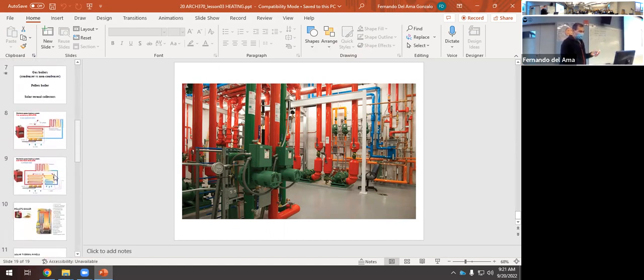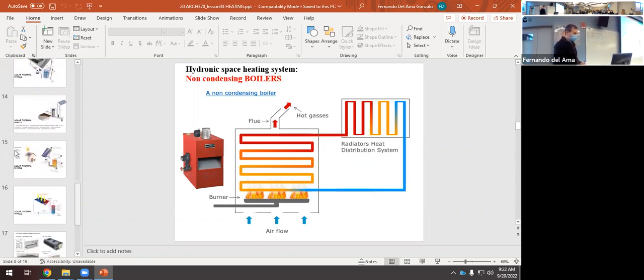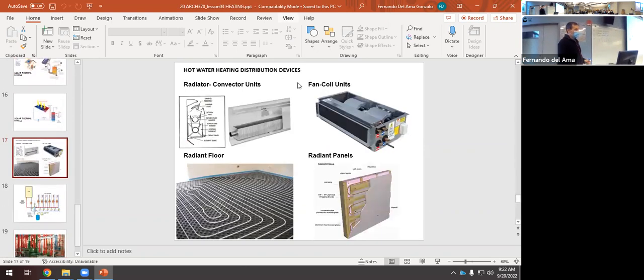Those are hydronic systems. First, we have the energy generators: boilers, condenser boilers, non-condenser boilers, pellet boilers. If we want renewable energy, solar thermal collectors heat up water. Then terminal units: radiators, radiant floors.